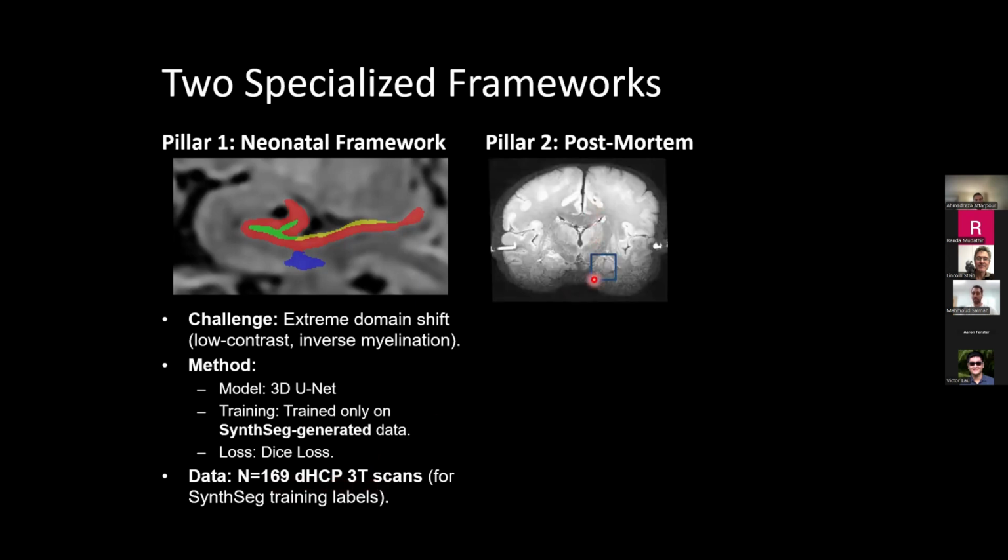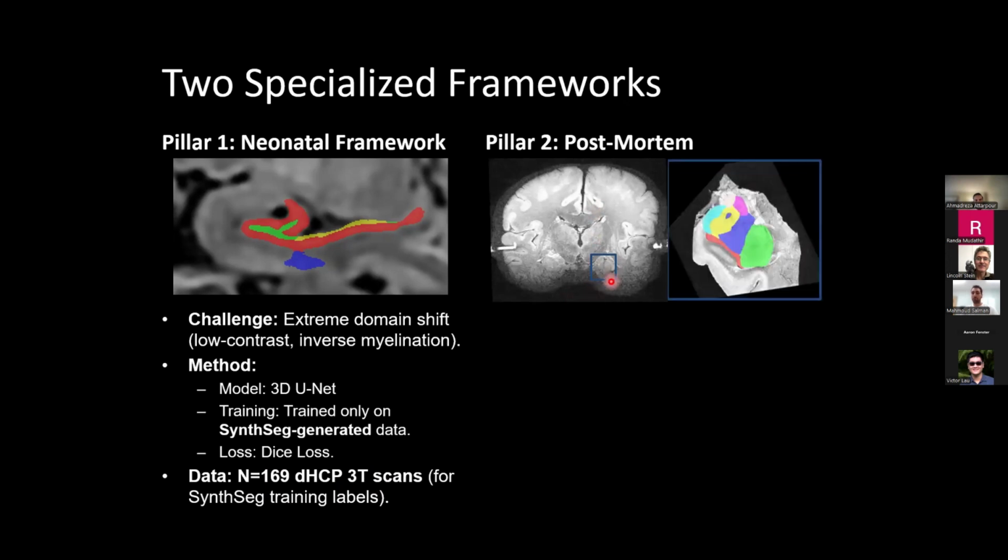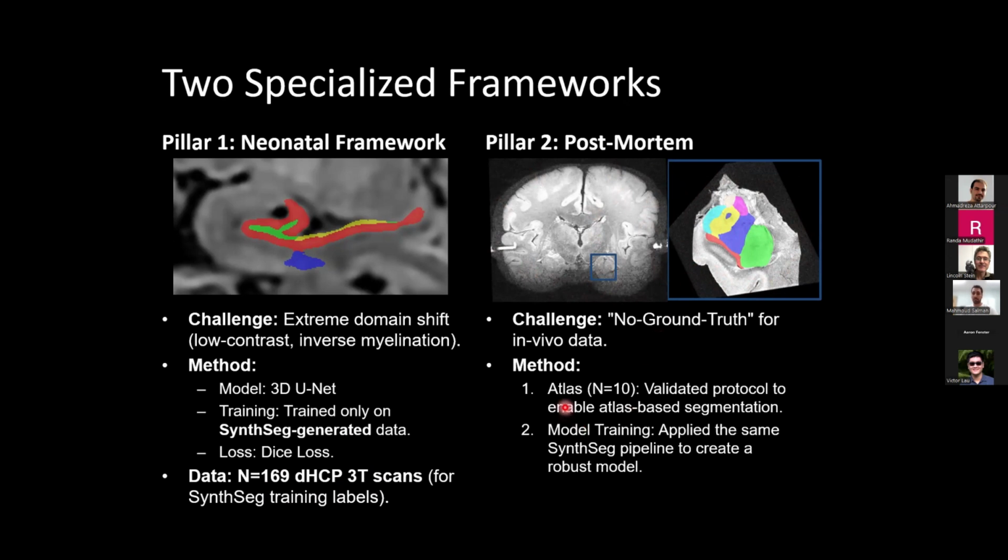Our second pillar is for the amygdala, where we will have both the whole brain 7 Tesla as well as the dissected amygdala region, both of which are post-mortem. Our challenge here is that there is no ground truth for in vivo data. That's why we rely on the ex vivo or post-mortem data. As a first step, we want to build an atlas to validate our manual segmentation protocol, with a sample size of 10.